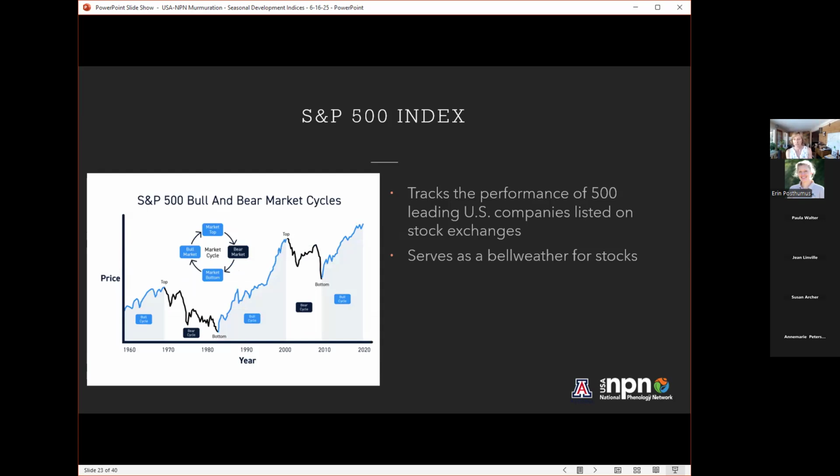That's an aggregate measure of, in total, how is the stock market doing? It's supposed to give us an overall sense of, are we in a bull market? Bull is good, bear is bad. It's basically which direction this index is trending over time. So it's a bellwether.